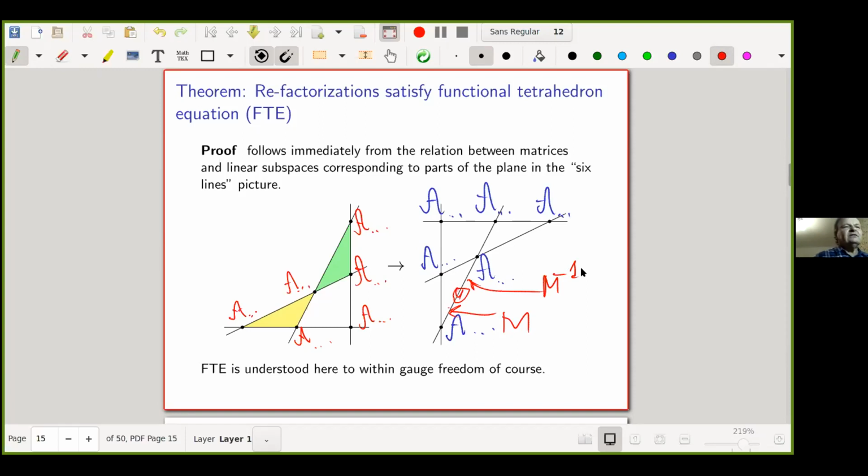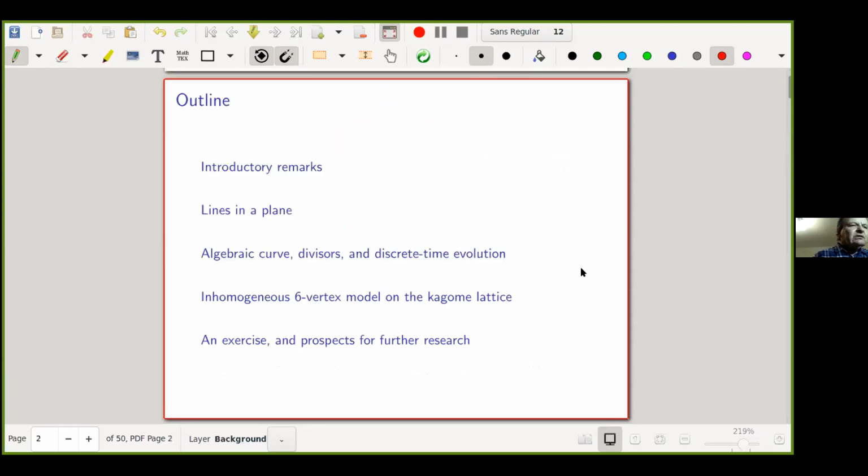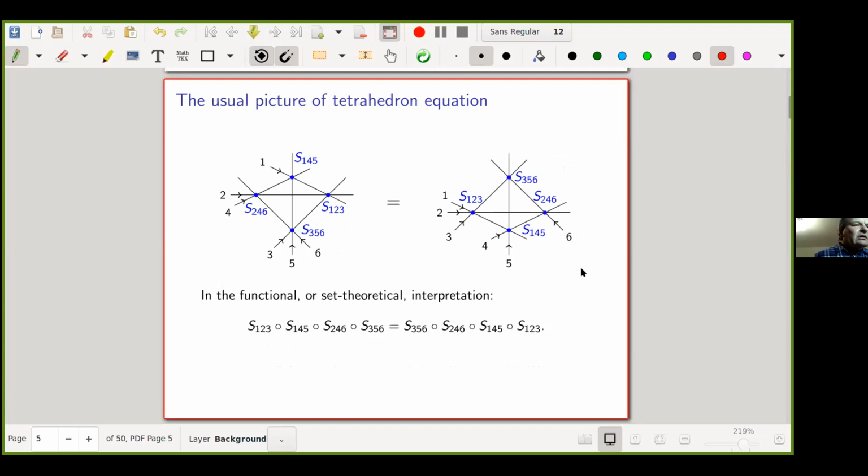So this functional tetrahedron equation is up to gauge transformation. And what are actually the parameters on which these S's act?